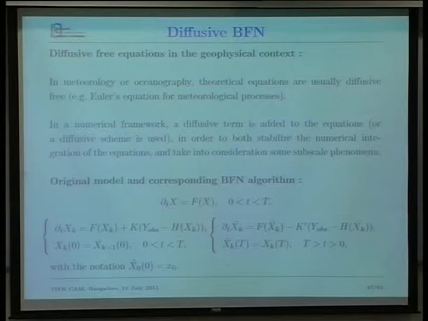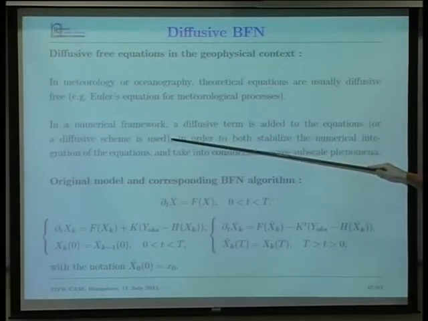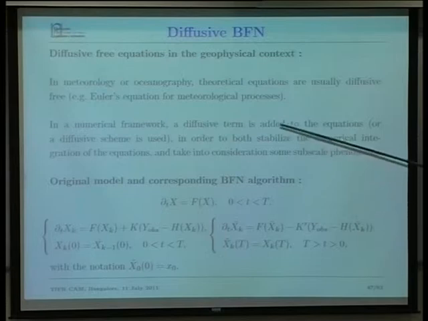But then, if there is no diffusion, for a hyperbolic system, it's quite difficult to solve numerically. So either you use a diffusive scheme to solve your equations, otherwise it could be unstable, you can have instability in your numerical integration, or you add a small diffusive term inside the equations to have a more stable system that you can integrate.